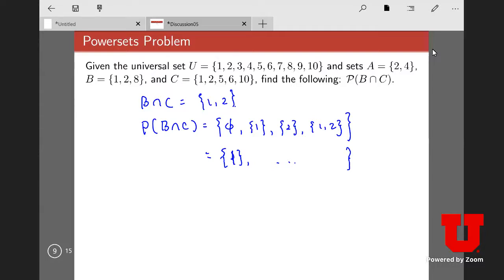I thought empty set was in the original set too. So empty set is just in the power set, right? So empty set doesn't exist in B intersect C. Right. The empty set is actually a set, even if it has nothing in it. It's not something that you can just put in any set. It's actually a set. It just has nothing in it. Yes.